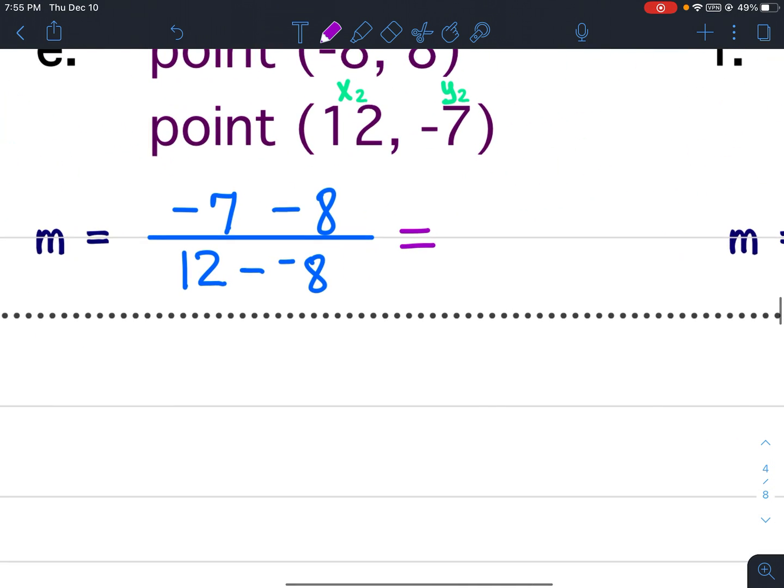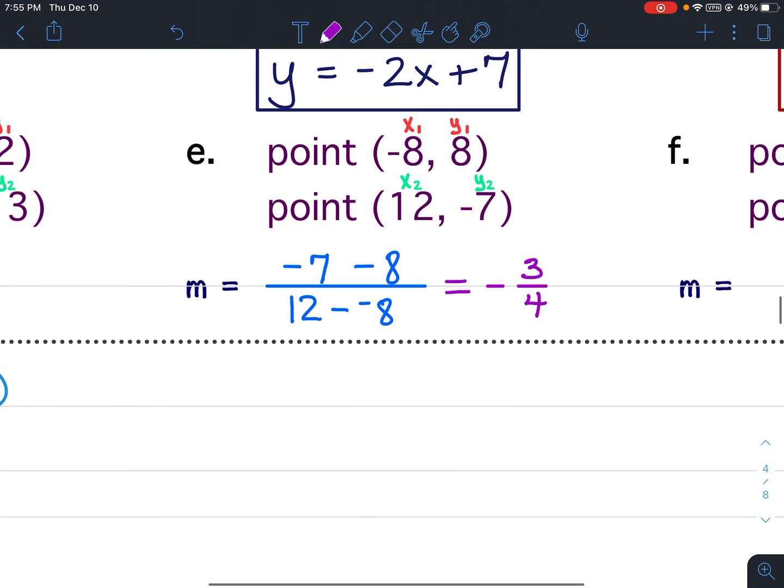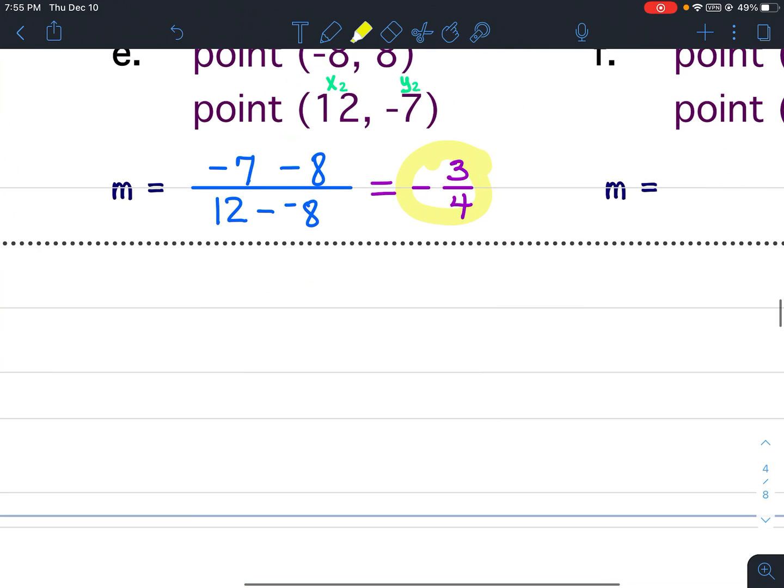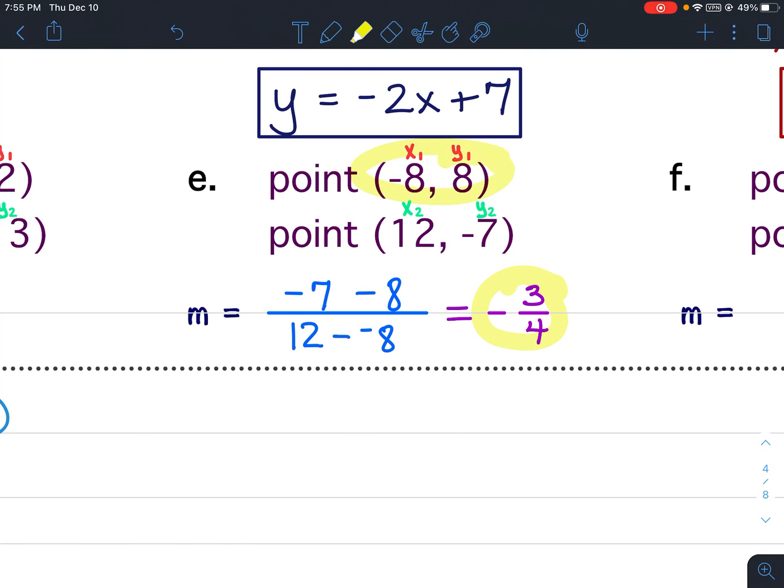Our slope is -3/4. All right, so now we've got our slope and our y1, x, and x1 to plug into the equation. So we have all our information now to plug into the equation.